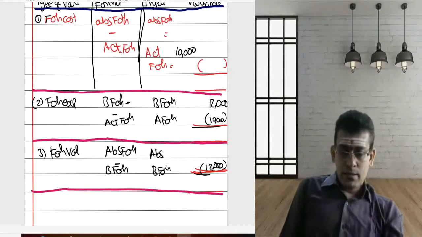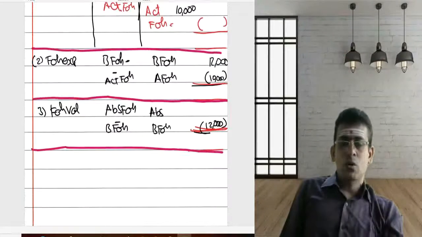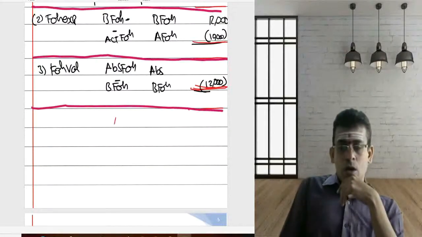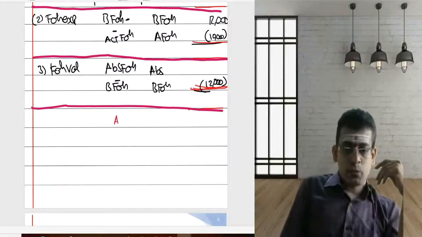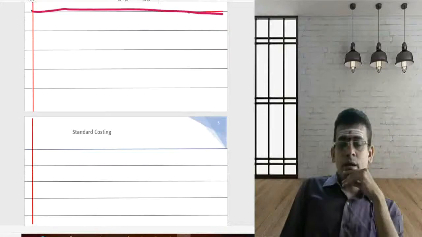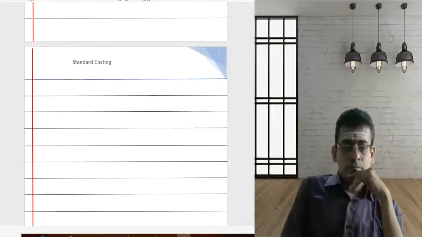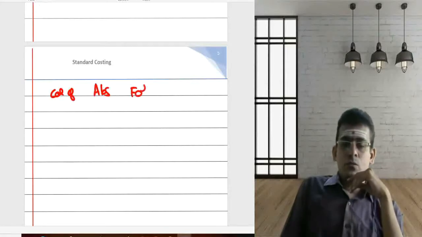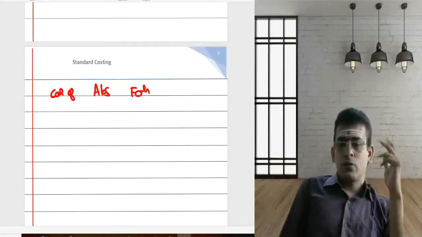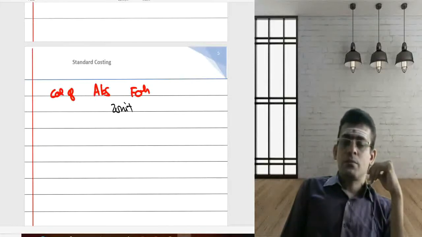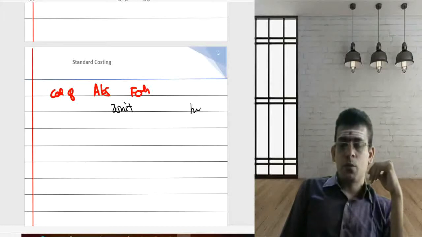Now let us see how you calculate the observed fixed overheads. Okay, let us do it on the next page. So calculation of observed fixed overheads. Till you get used to it, let us adapt both patterns here: based upon units, and based upon hours.